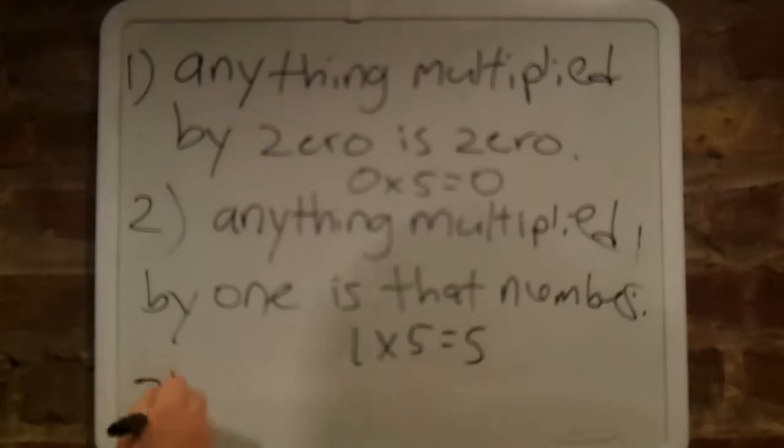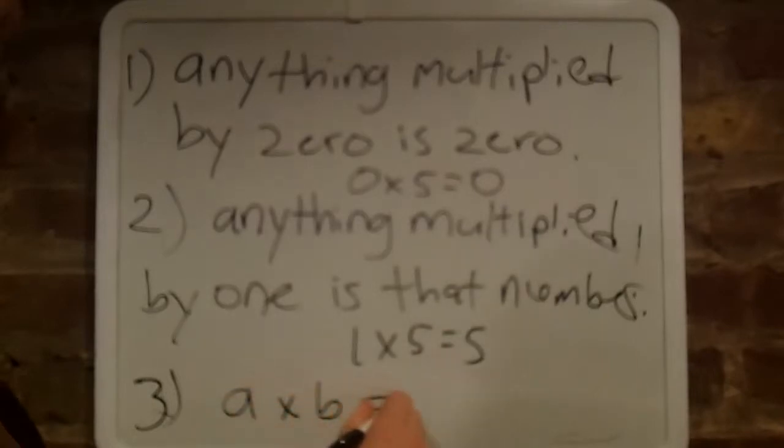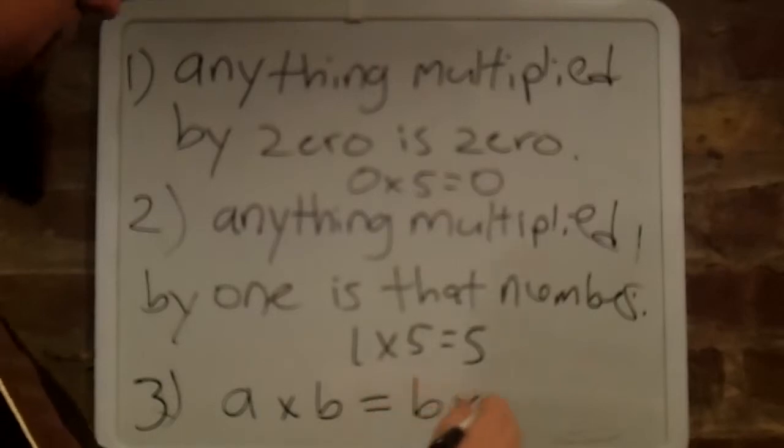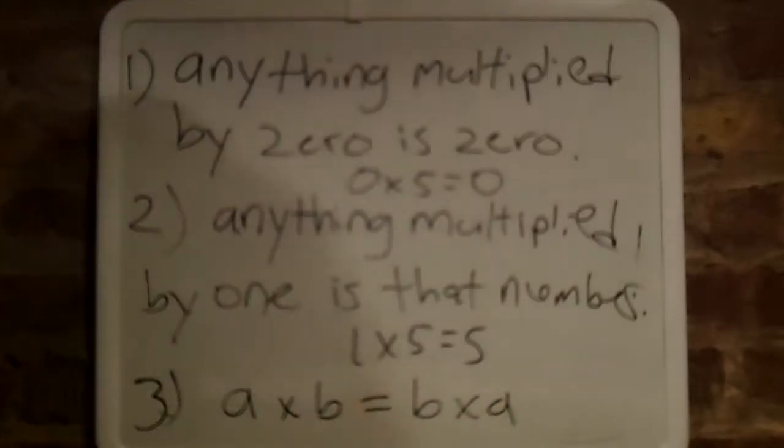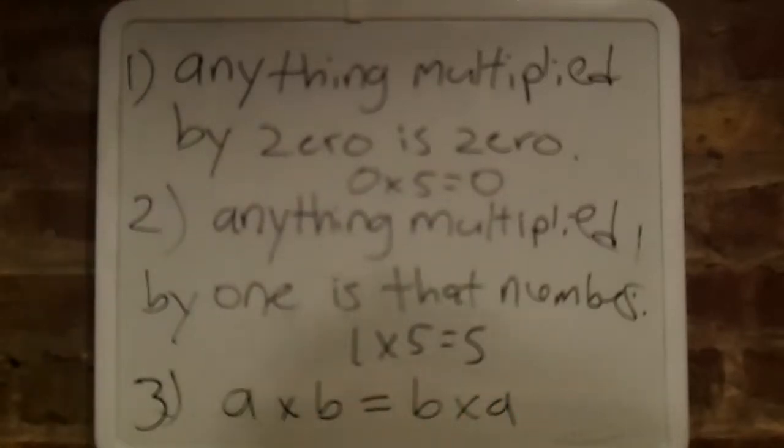And the last thing to remember is, if I have one number which we'll write as A, and another number which we'll call B, and we multiply them, that will give me the same result as B times A. So using these 3 rules, we can chop down the number of products we have to memorize.